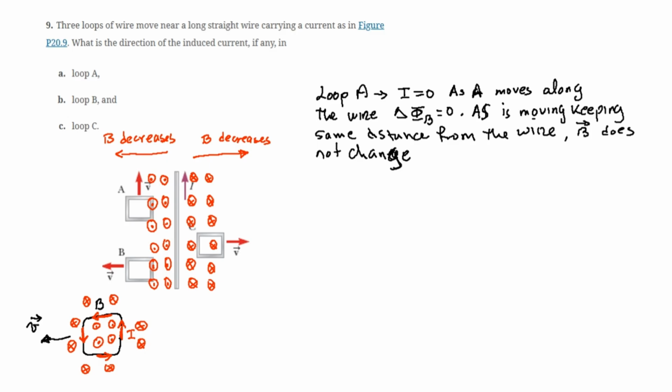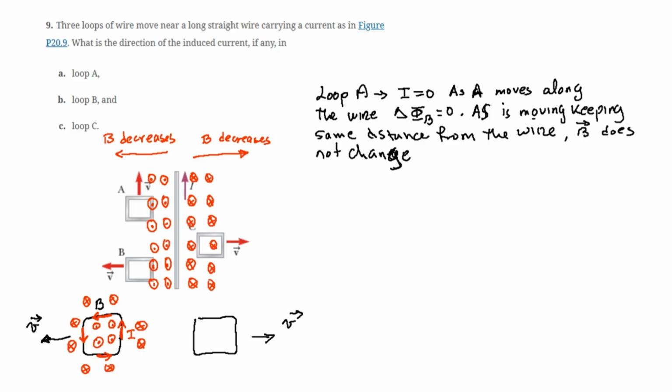Now, let's see what happens in this case for loop C. Loop C is to the right of the current carrying wire, and it's moving to the right. So it's moving also away from the wire. So the magnetic field through the loop is decreasing.